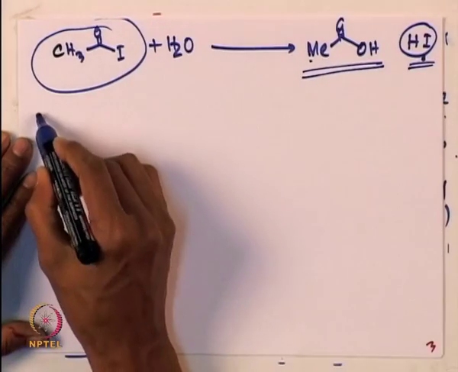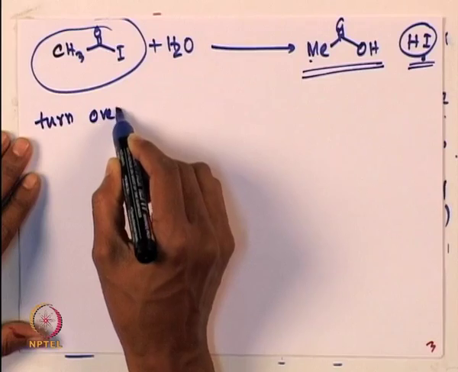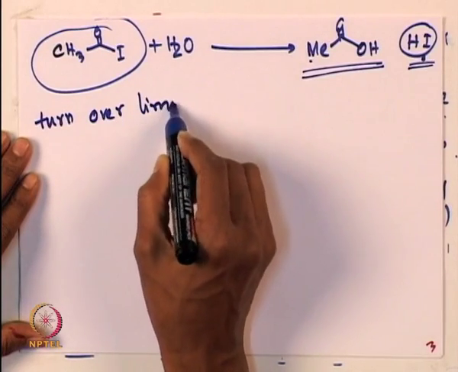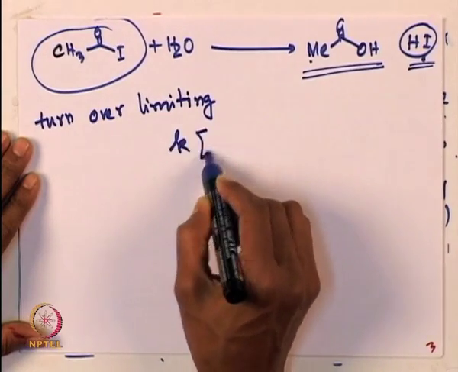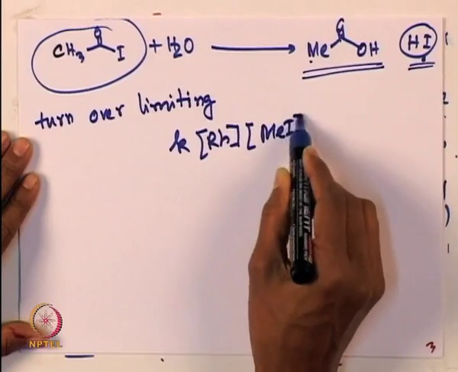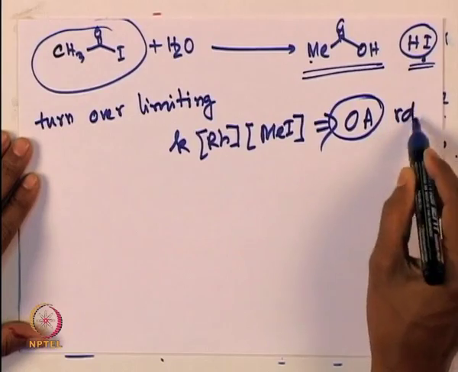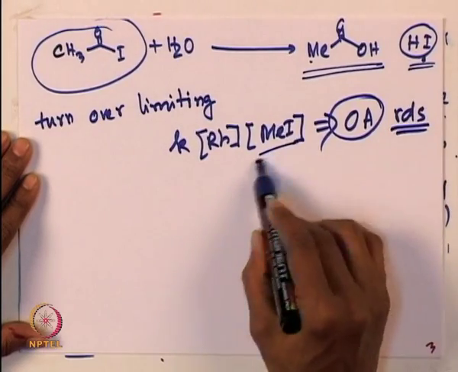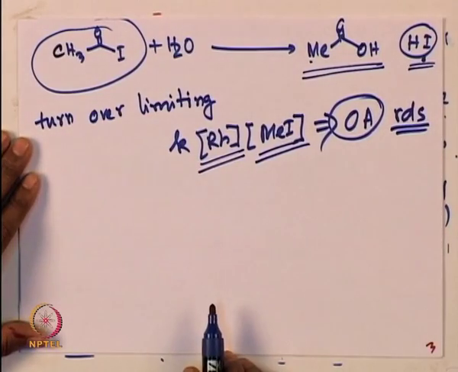So the turnover limiting step for this reaction would be the one where your rhodium and methyl iodide are both involved. That means the oxidative addition is the rate determining step, and therefore you have first order dependence on methyl iodide and first order dependence on the rhodium catalyst.